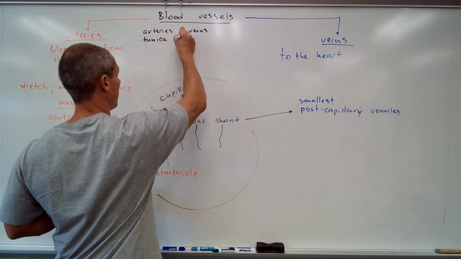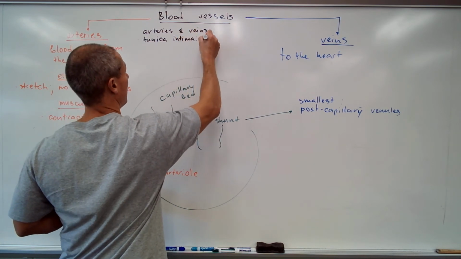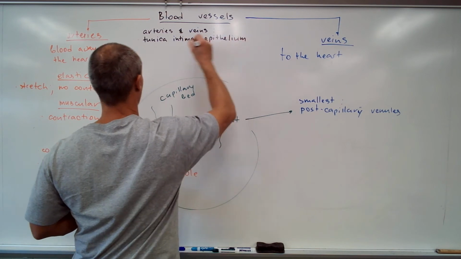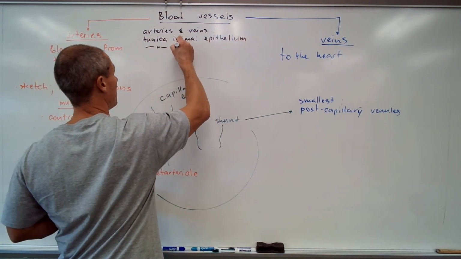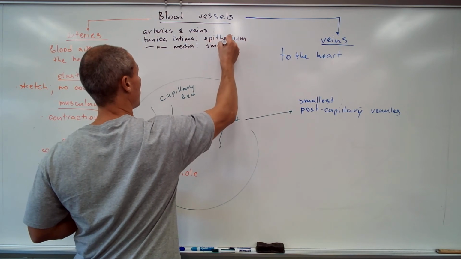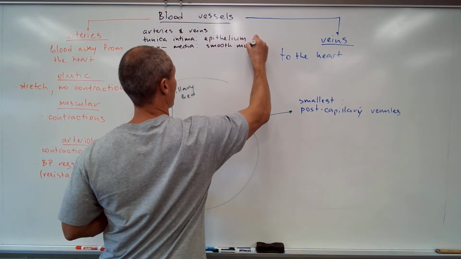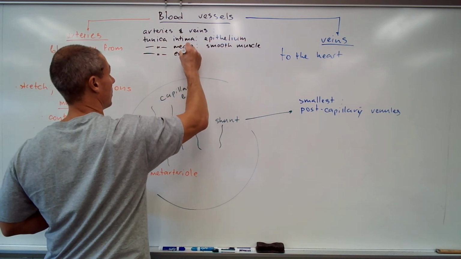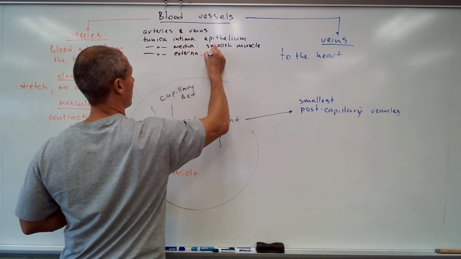Tunica intima, basically epithelium. Tunica media, smooth muscle mostly. And tunica externa, connective tissue.